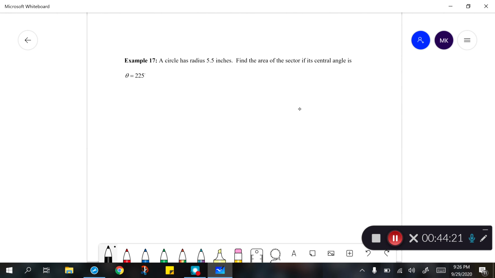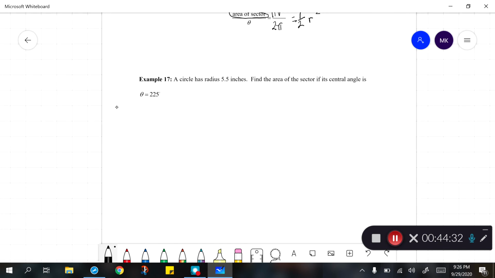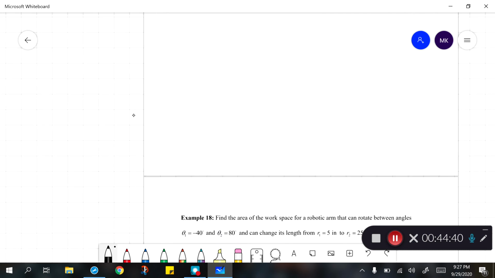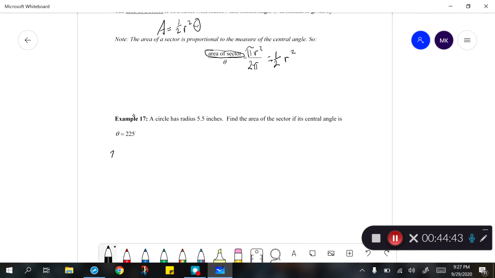It's so easy now, right? 225 degrees times pi over 180 degrees. Our degrees cancel. And we get 5 pi over 4.